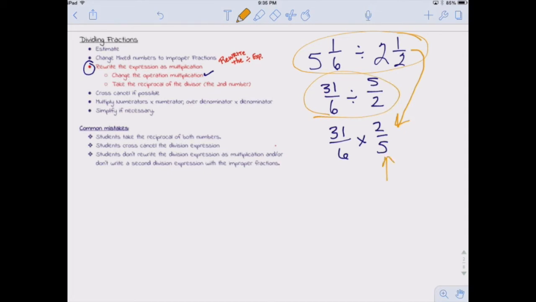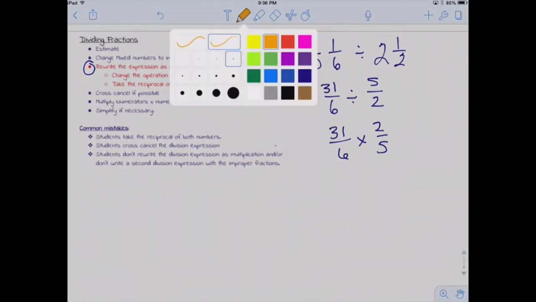You will. If you don't believe me, go ahead, don't listen, and do it without. And I guarantee that you'll see that when you make a mistake, the mistake is you didn't take the reciprocal. So rewrite the expression as division, then change it to multiplication.